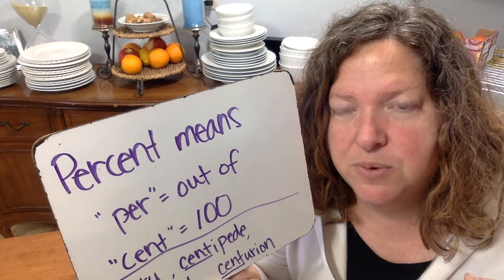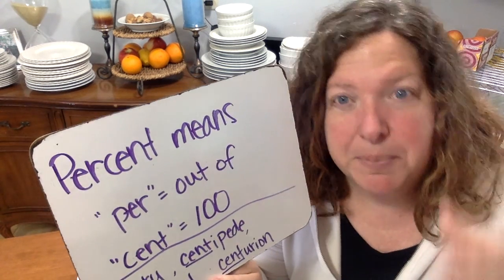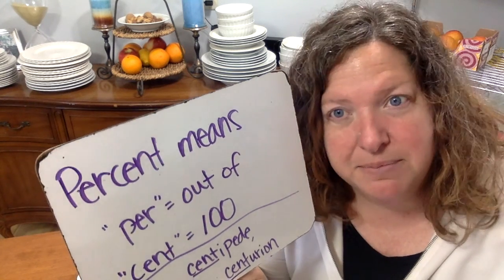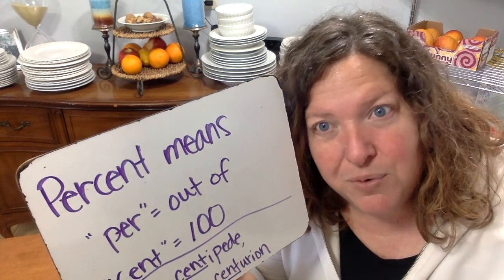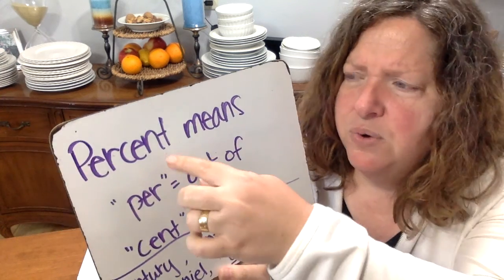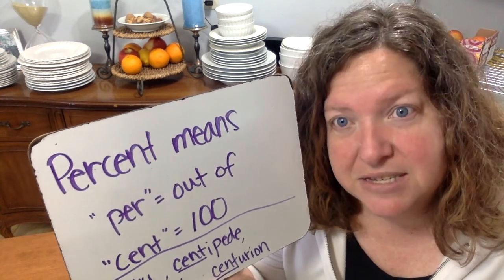Like time, you could talk about the percent of time that you spend doing your math homework, the percent of time you spend doing your reading homework or playing on your device or whatever it may be. So percent means out of 100, and it means we're going to cut something into 100 pieces like fractions.